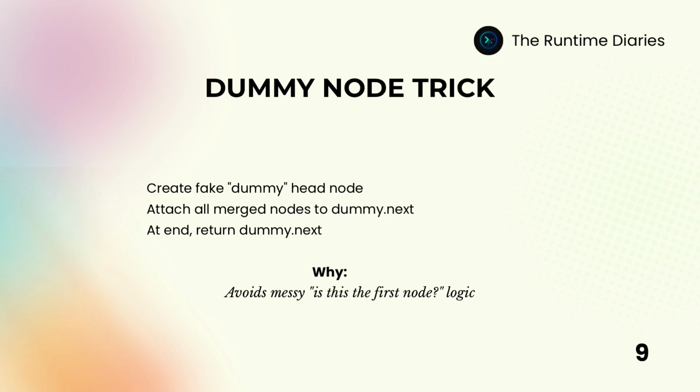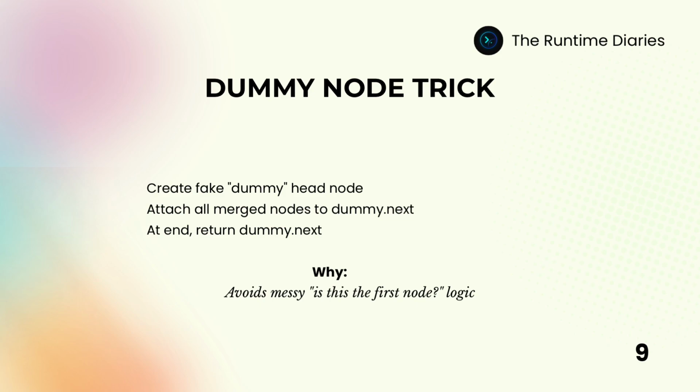The dummy node eliminates that complexity. Here's how it works. You create a fake node at the beginning, before any real nodes. You call it the dummy node. Then you attach all the real nodes to dummy.next. At the end, you return dummy.next, which is the actual head of the merged list.